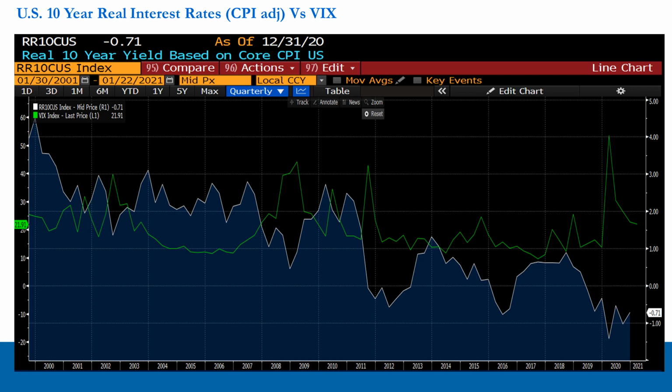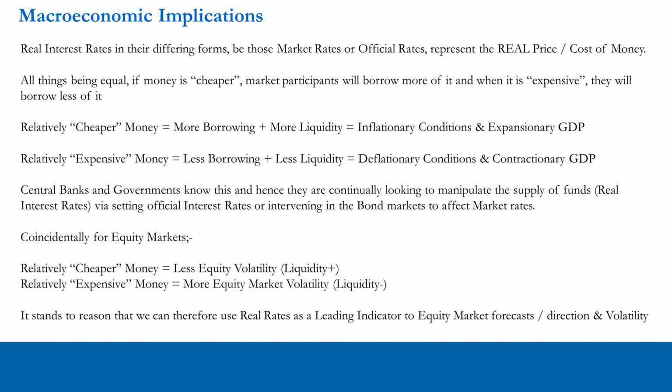So the right-hand axis denotes the real 10-year yield, so the nominal yield adjusted for CPI in the US. You can see in 2019, we just see the real interest rate in the US collapsing, and in 2020 going negative. So you can see how important the real interest rate is, how it affects stock market level and stock market valuation. But what are the macroeconomic implications here?